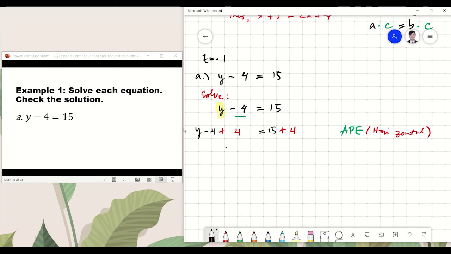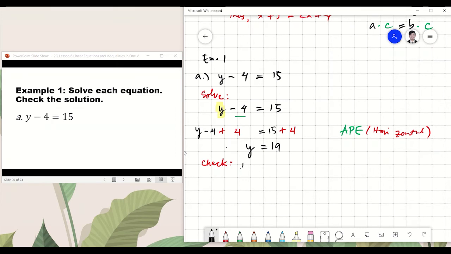So ano yung resulta ng ating negative 4 plus 4? Magiging 0 na siya. 15 plus 4 is 19. So y now is equal to 19. So for now, yan yung sagot natin. Pero we have to double check if it's really correct.